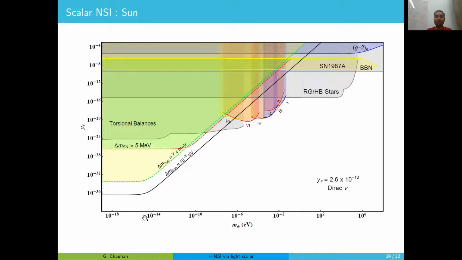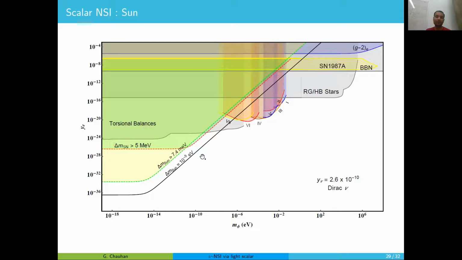So when m phi becomes 1 over r, the size of the medium, which for the case of sun is around 10 to the power minus 16 eV. And for the case of supernova, we'll see that it would be around 10 to the power minus 11 eV, which in kilometers is around 10 kilometers, the characteristic scale, the usual length of the supernovas.